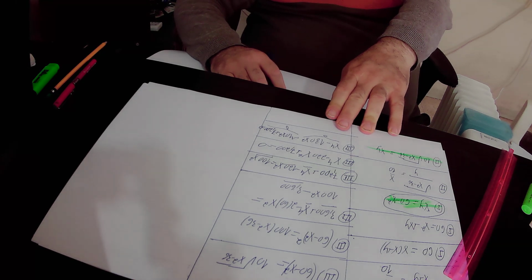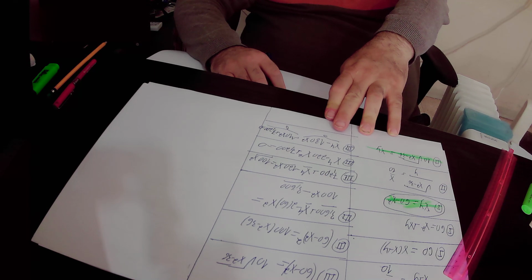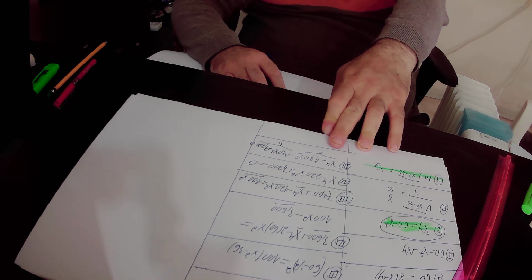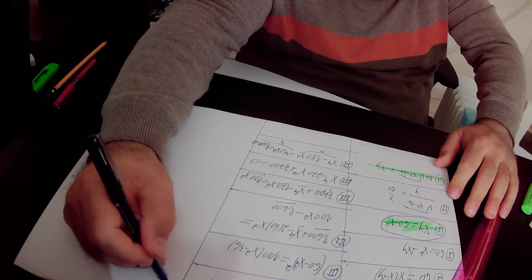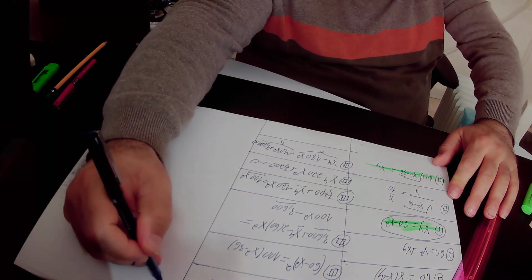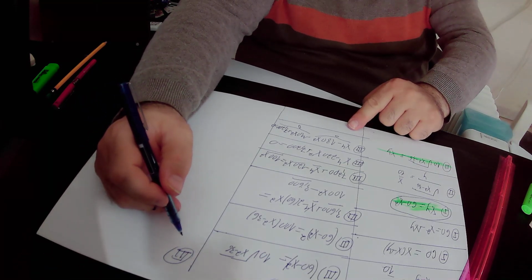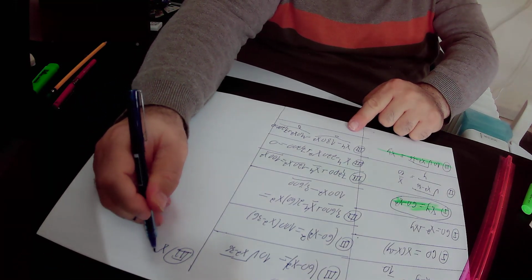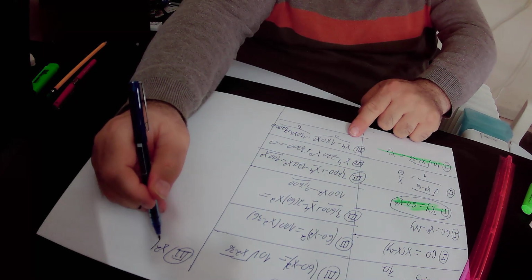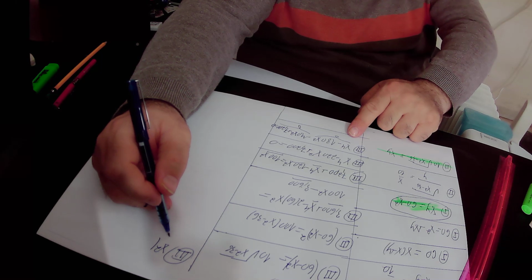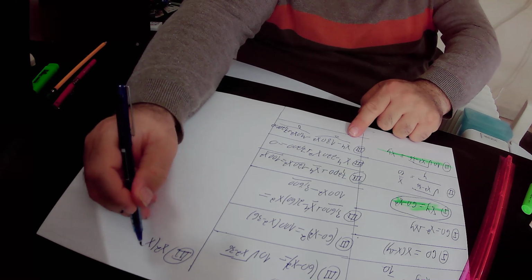Here we take x squared as a common factor out of those two expressions, and we get that according to equation number 3, x squared is a common factor. What is left from x to the power of 4 after we took from it x squared as a common factor? It is actually x squared.